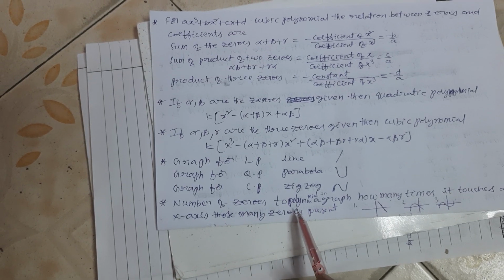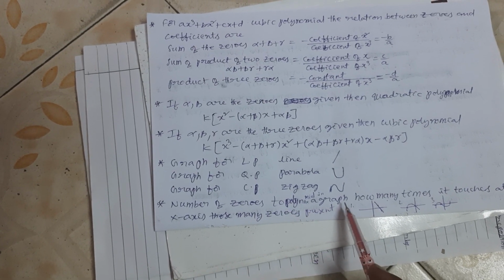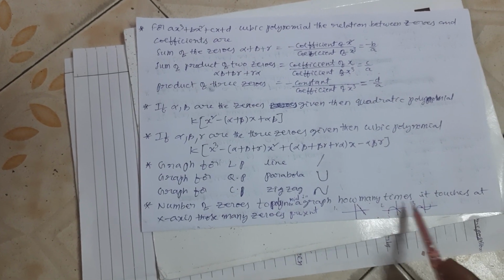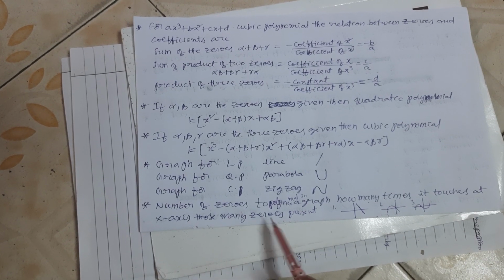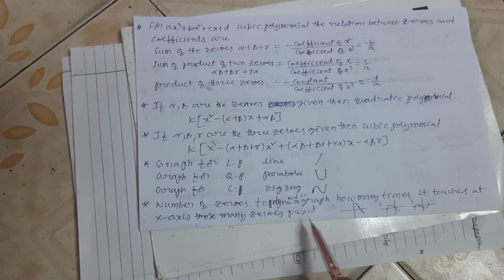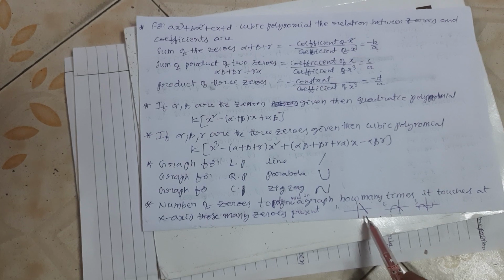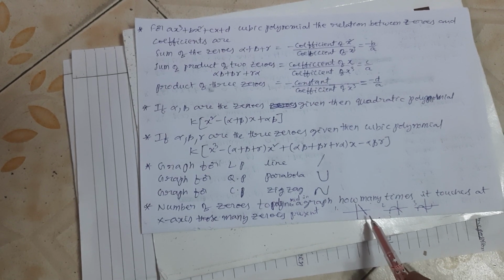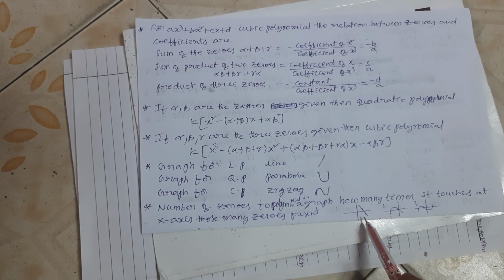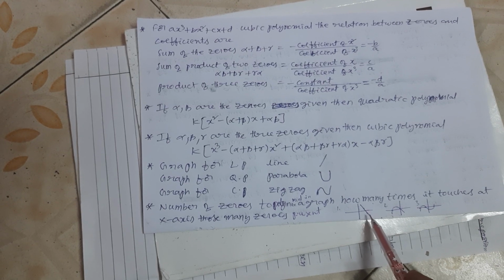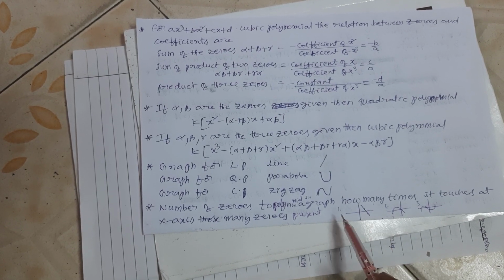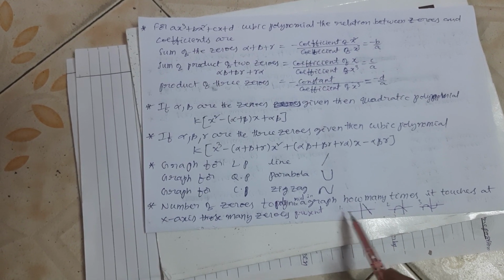Number of zeros of polynomials in a graph: as many times as it touches the x-axis, that many zeros are present. Here in this graph, I am showing that it touches the x-axis at only one point. That's why it has only one zero.